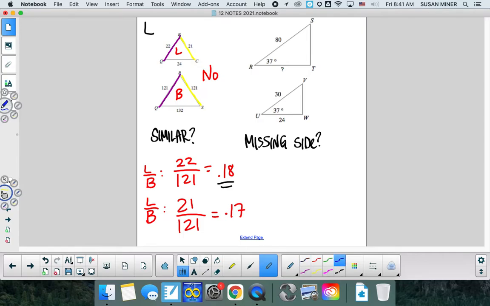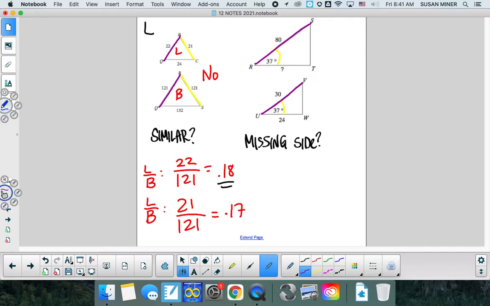So here we go. We are going to find the missing side length. Now what I want to do is make sure that I'm matching up the right side with the right side. And so you can see here's my 37-degree angle. So if you notice, this side 80 matches up with this side.